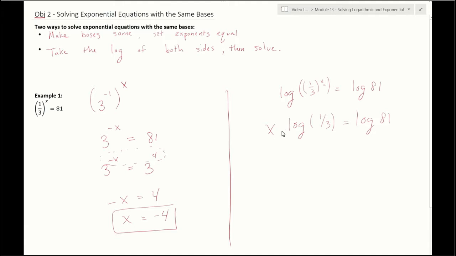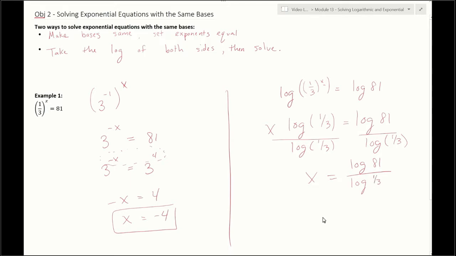Now the weirdest part about this is log of 1/3 is some number. So we can treat it like a number. We can just divide both sides by log of 1 over 3. So x equals log 81 over log 1/3.